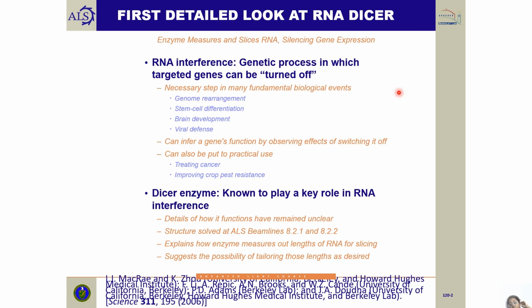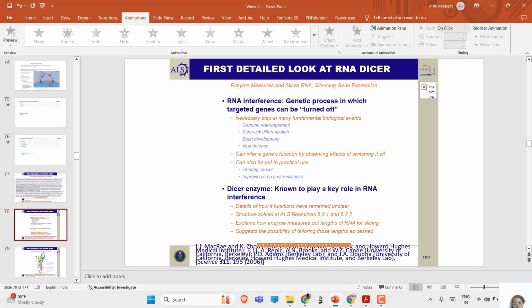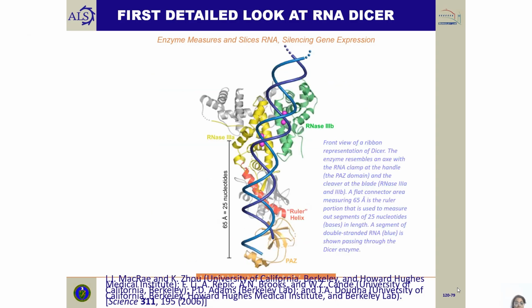It can also be put to practical use, treating cancer and improving crop pest resistance. So the dicer enzyme is known to play a key role in RNA interference, but the details of how it functions have remained unclear.